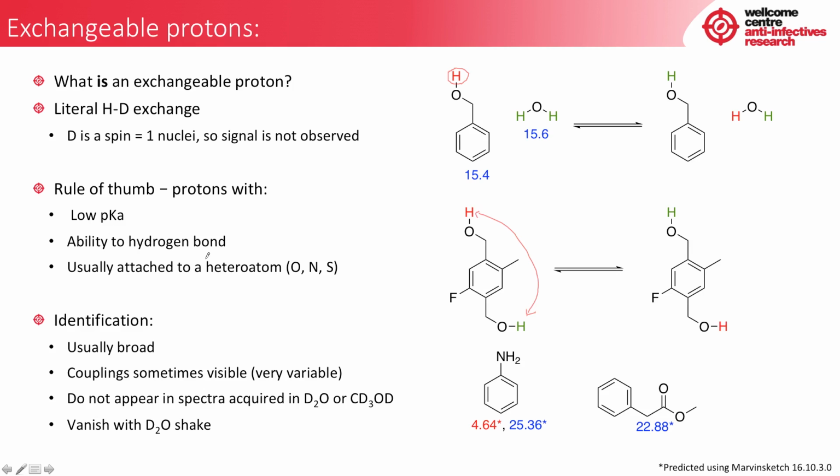And they are normally broad. This is due to averaging the various exchange states, and they don't display coupling in many cases because the coupled protons are exchanged over the course of the experiment. I should say that we normally treat exchange as a binary proposition, back to why in a moment, but it's just worth bearing in mind that in fact different protons exchange at different rates.